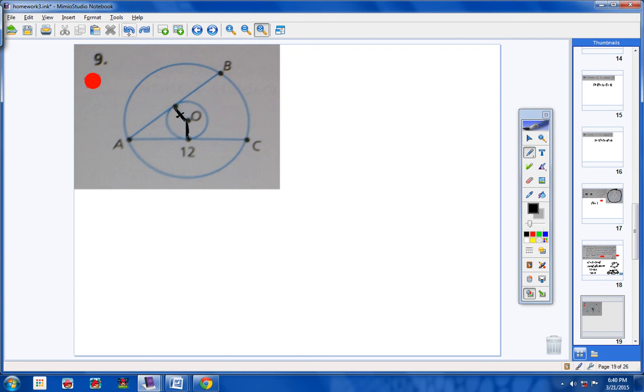And now you say, well, sure, that's fine. But do we know for sure that this line here is perpendicular to this line here? Yes, we do. Because we have a theorem that says whenever a tangent line and a radius intersect, they're always perpendicular.